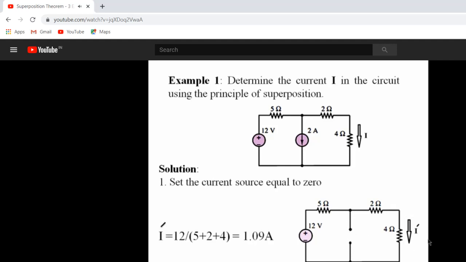Now we just need to find the current I that results from only this voltage source. We can obtain that by simply dividing 12 by the sum of these three resistances. Since this current is related to the voltage source only, we added this symbol to distinguish it from the current that results from the current source in the next step.